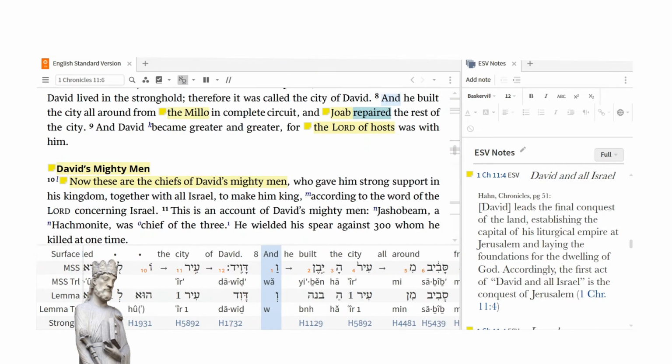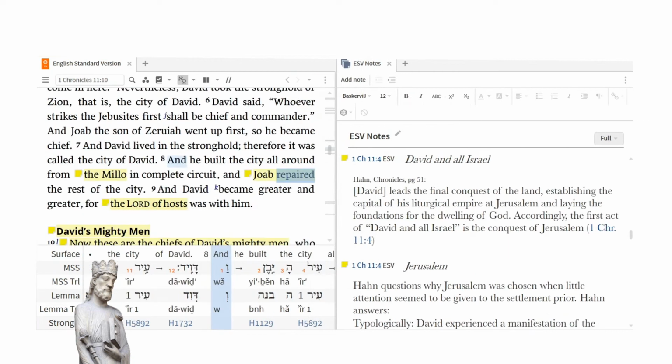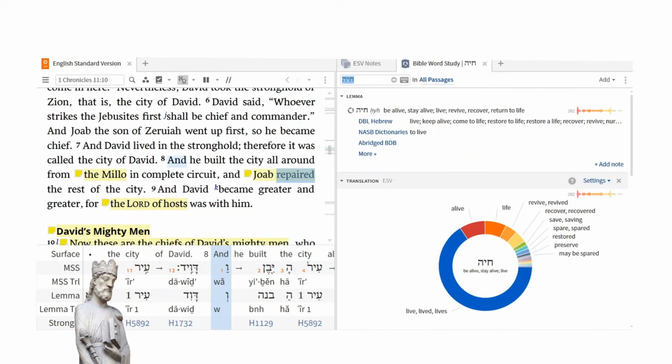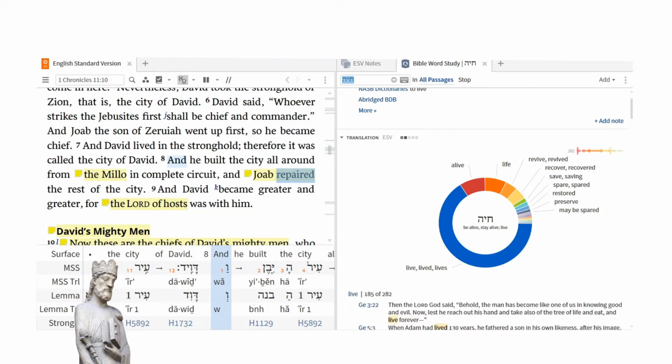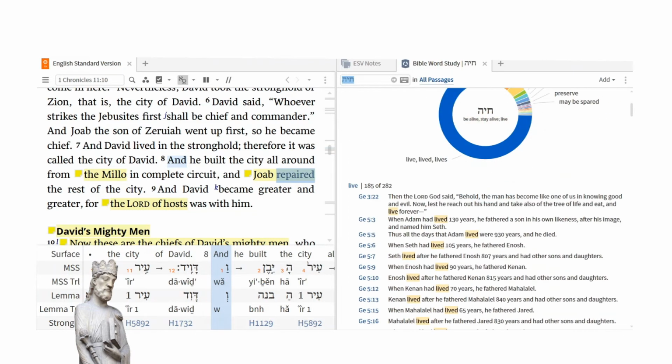And in fact, if we were to run a search here, and let's make sure we're searching in Hebrew, and here we have all the occurrences. If I were to go through these, there's a better way of looking at this, but I'm not going to do it now anyway.